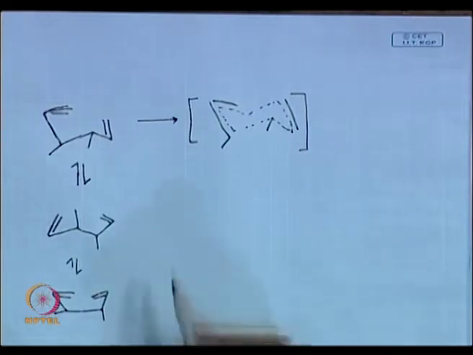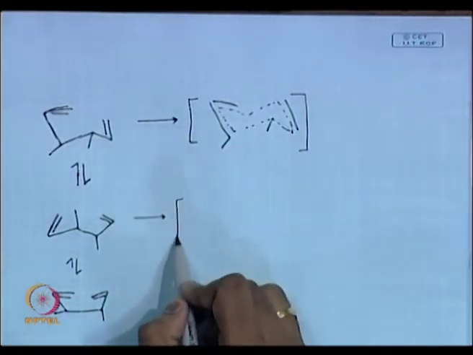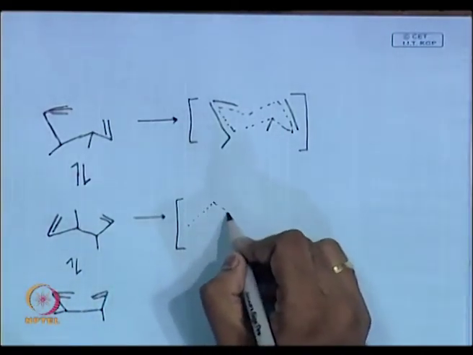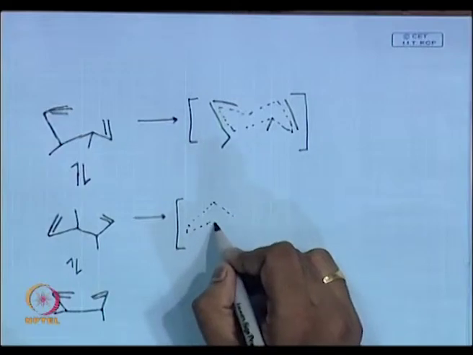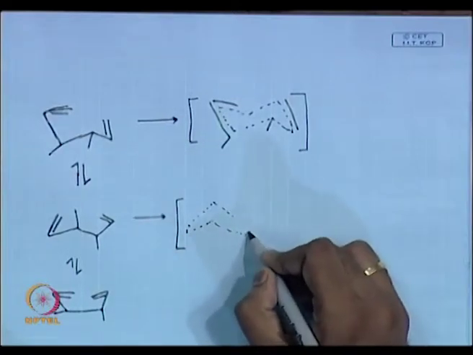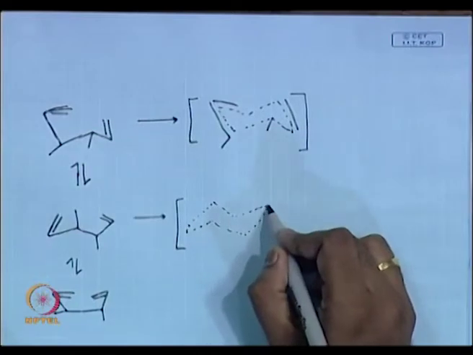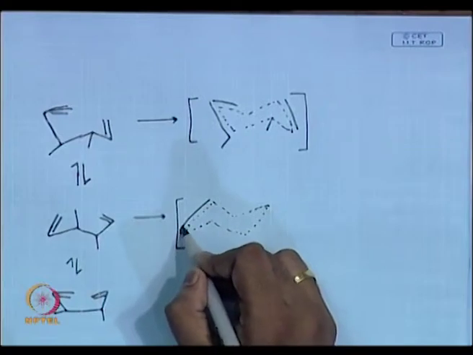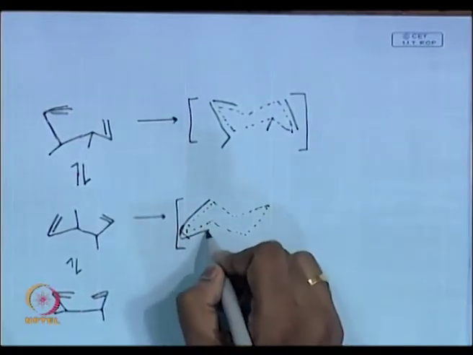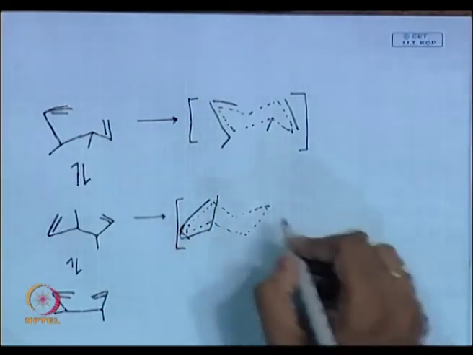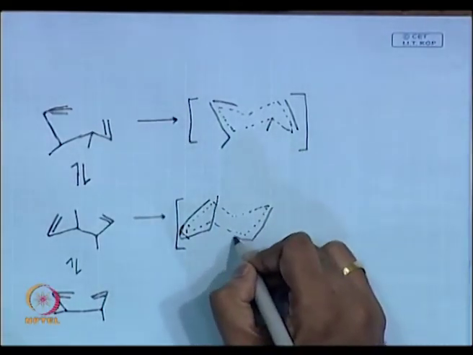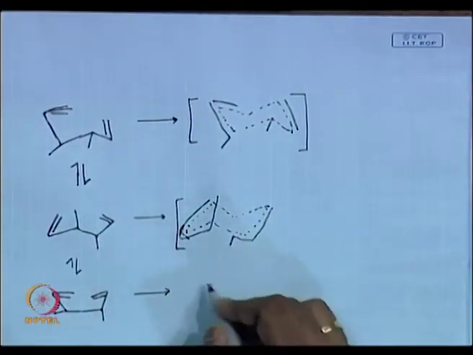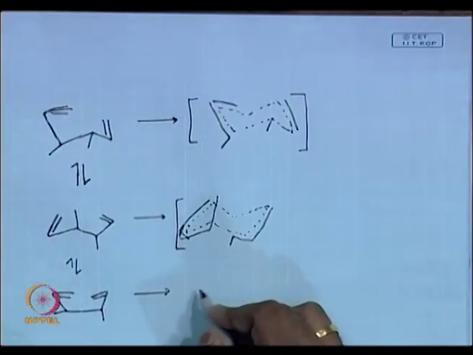This also I can write a nice 6 membered transition state. I can also write for this, but this will be more like a boat.